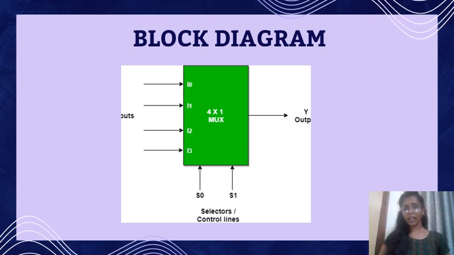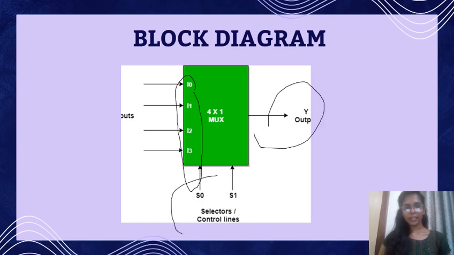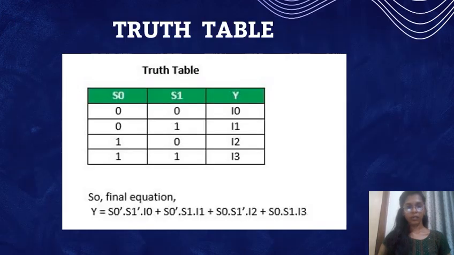Coming to the block diagram of 4:1 mux, already I told it has 4 inputs I0, I1, I2 and I3, 1 output Y, and 2 select lines S0 and S1. This is the block diagram of 4:1 mux. Coming to the truth table, when S0 is 0, S1 is 0, the output Y is I0.